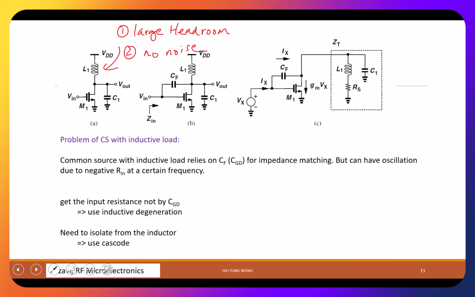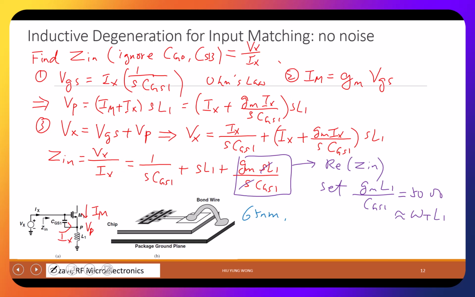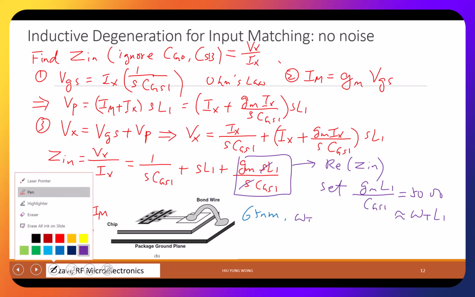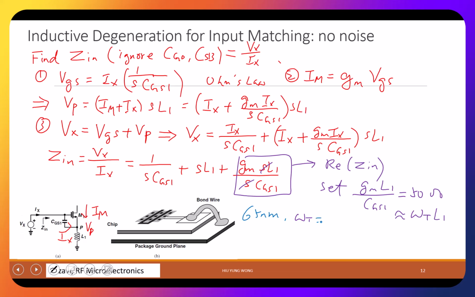Now that is the problem. When you go to newer technology, the transit frequency is going to increase. In 65 nanometer, the transit frequency is about 2 pi times 160 gigahertz. And you just plug in: to get 50 ohm, I will need an inductor that is 50 picohenry. Yeah, that is very small, right?